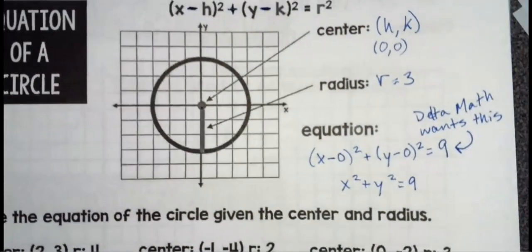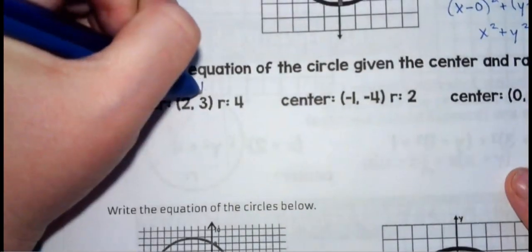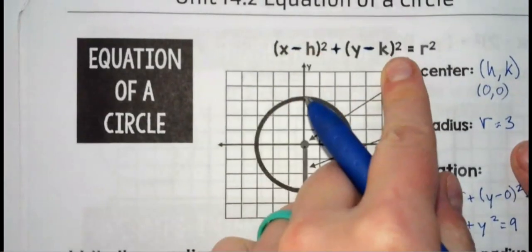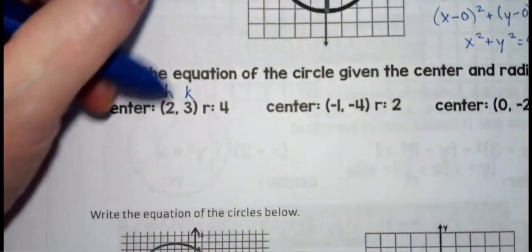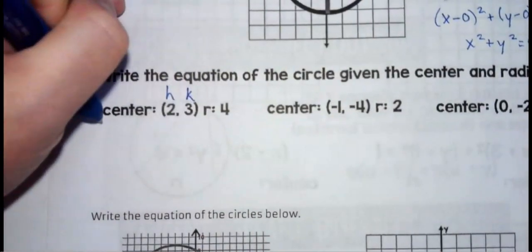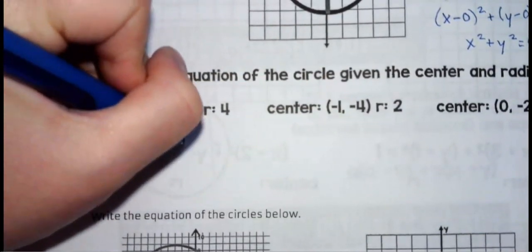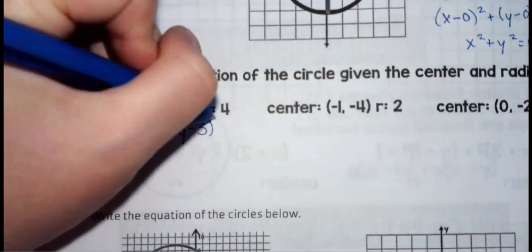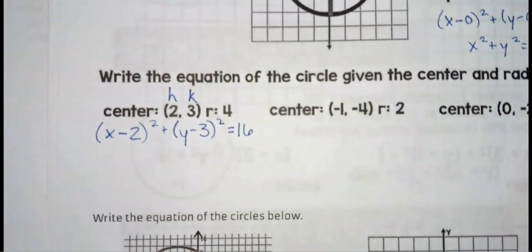All right, let's do some where it's not zeros, down here. So this is your h, this is your k. We're going to plug it into this formula. I'm not going to rewrite the formula, so just look up here. You can't see it on the screen, but it's on your paper. The equation is x minus 2 squared plus y minus 3 squared equals 16, because 4 times 4 is 16.